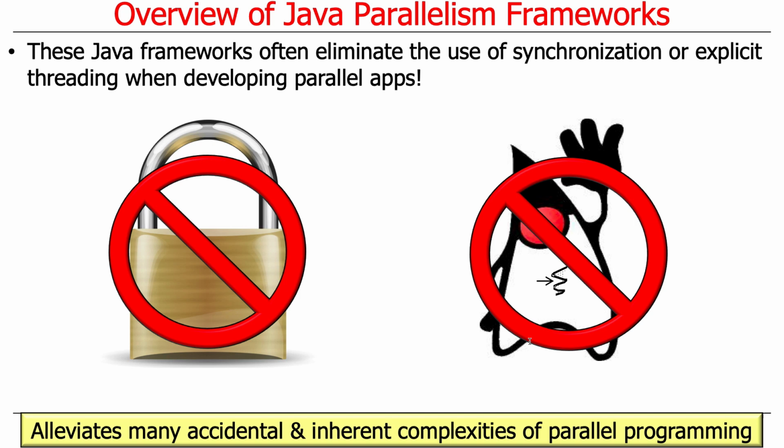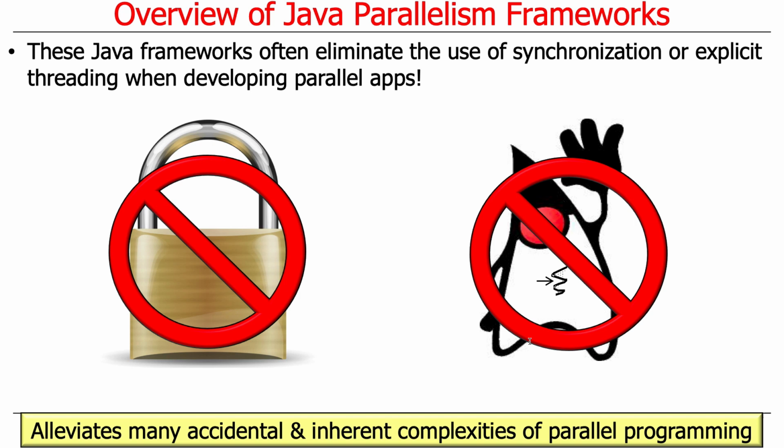For all the frameworks we're talking about, fork join pool, completable futures, parallel streams, one of the great things about them is if you do things right, you very rarely have to put any synchronization in your code at all, and you don't have to explicitly spawn threads.